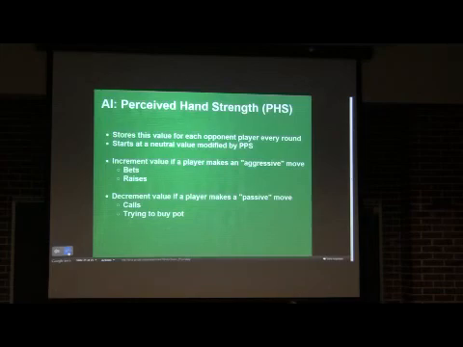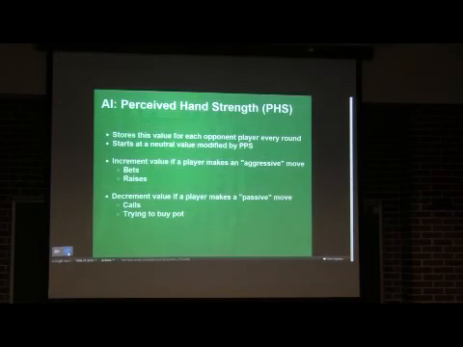Another thing we have is perceived hand strength, which is going to be PHS for the sake of shortening that up. It's a value for each opponent player for every round. In every round, every player gets different cards, so this is the value that stores how strong we think they are this current round.